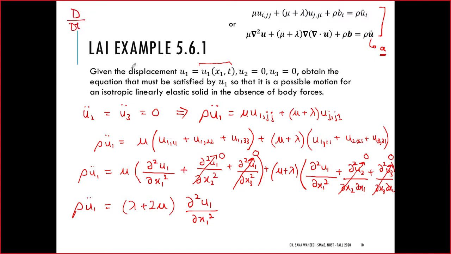लेकिन we know कि हम एक infinitesimal... ये Navier-Lamé equation is for the theory of infinitesimal elasticity. So in that case, this is actually equal to del by del t as well.